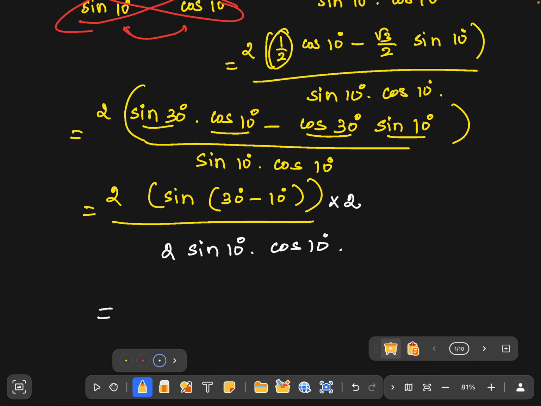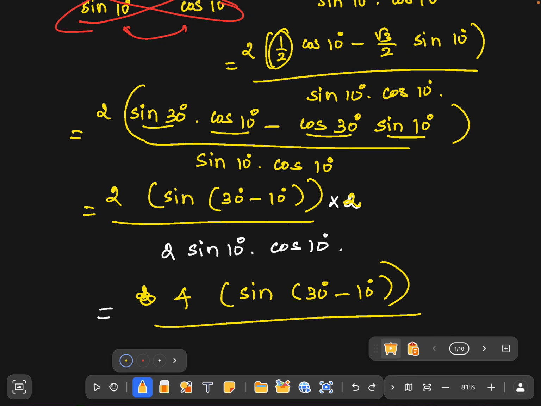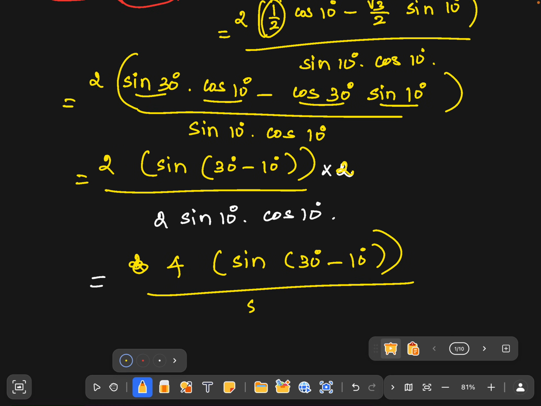Then 2 into 2 is 4. So 4 into sin of 30 degree minus 10 degree, divided by 2 sin A cos A, and we all know that sin 2A is 2 sin A cos A.